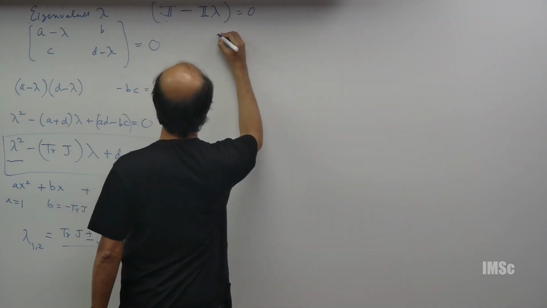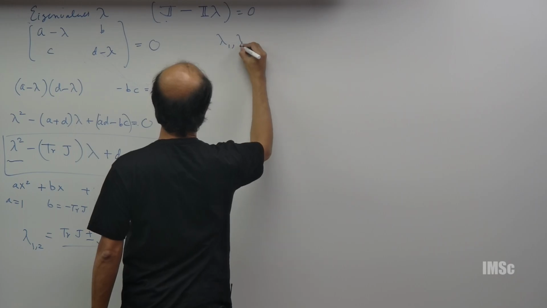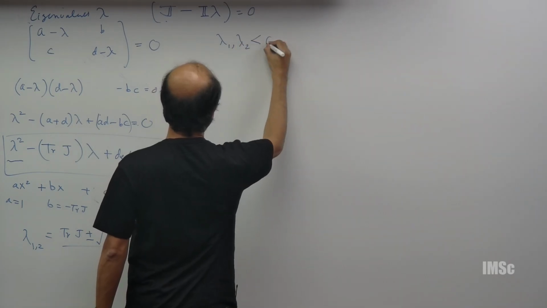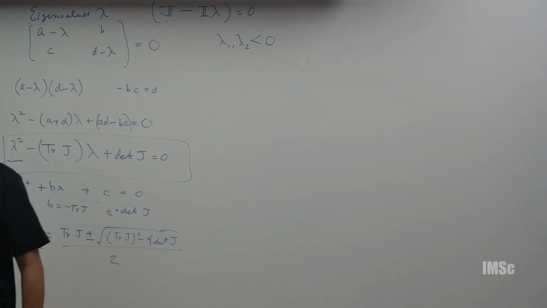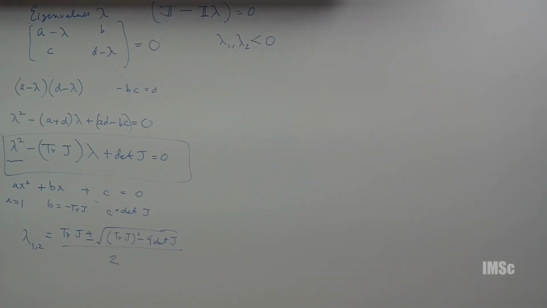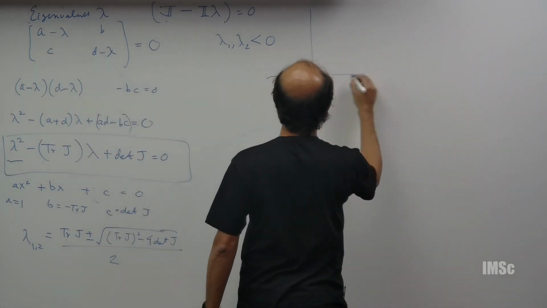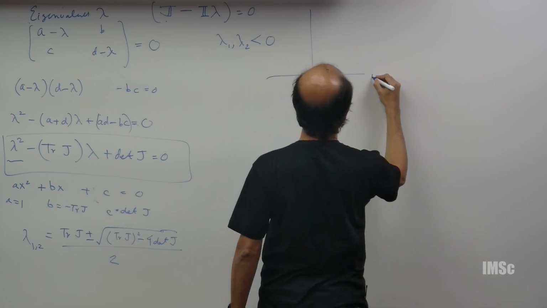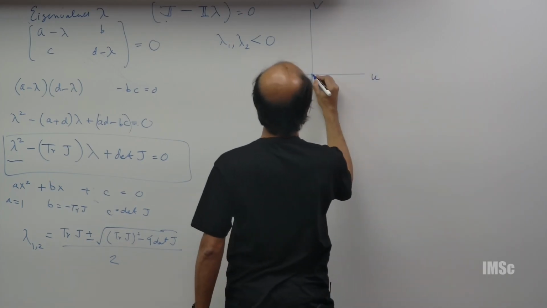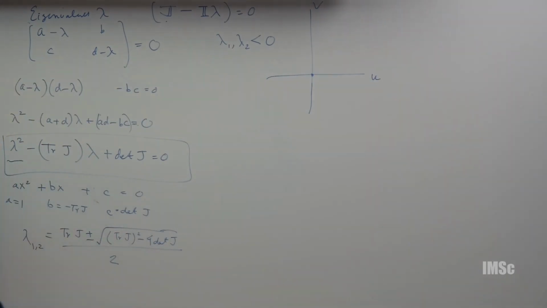So consider the system. What if lambda 1 and lambda 2 are both negative? What will happen? This is your u, this is your v space, this is your fixed point.